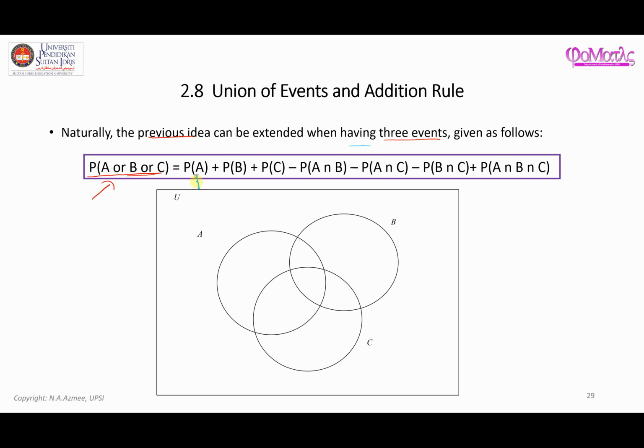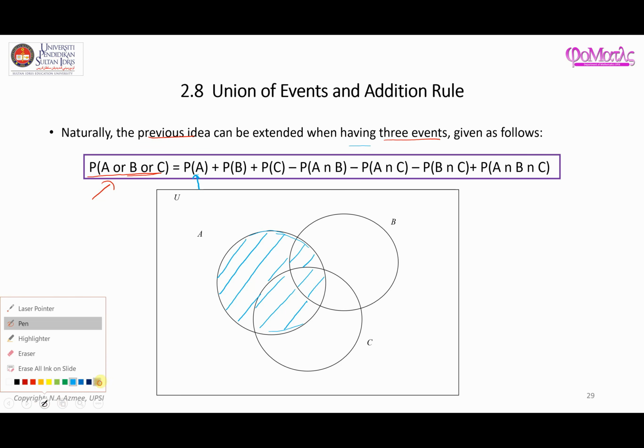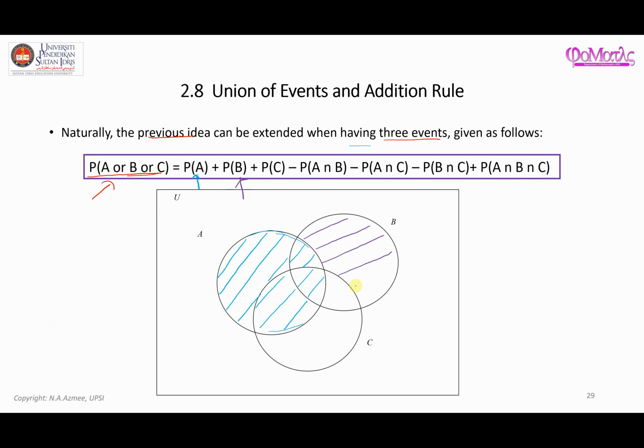So if we talk about probability of A, this is the area of finding probability of A. Okay, so we are talking about all this area. You can see that this whole thing here is A. Next, let's talk about probability of B. So probability of B is this area. So included in this part.